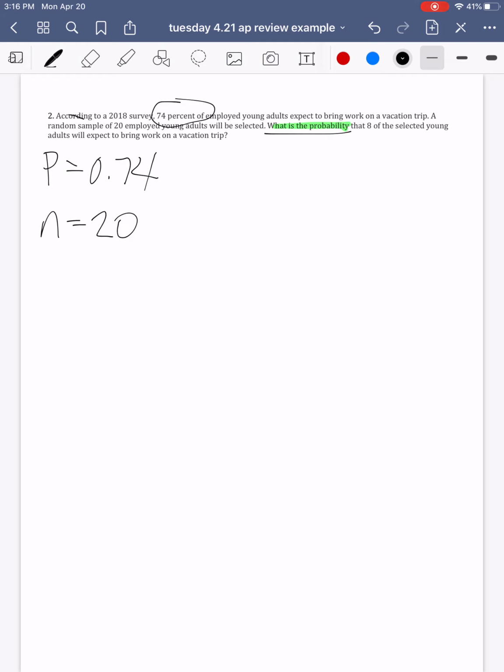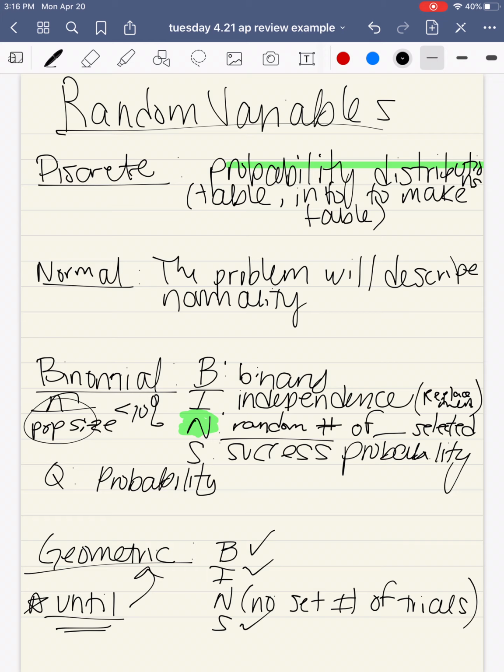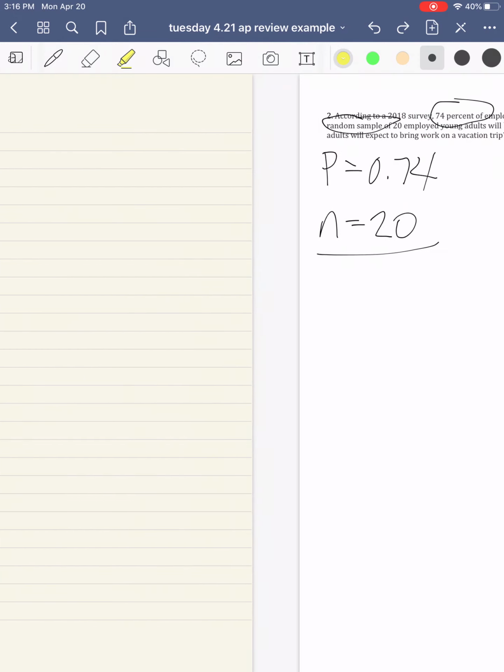Well, they say they take a random sample, so I know that that's N. N is a number of trials. So if I look back at my notes for the random variables, I see that if I have an N value, this is a good indication that this is a binomial random variable.